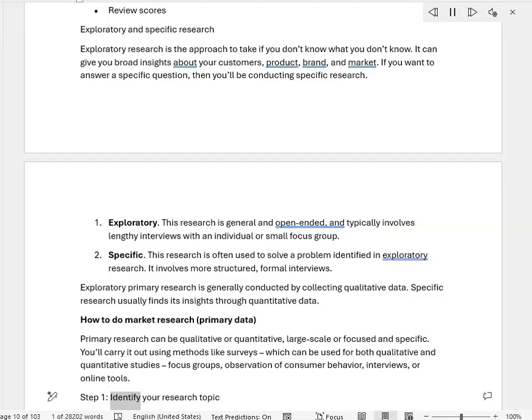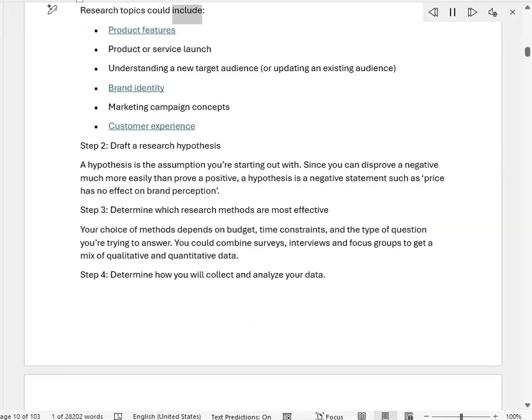Step 1. Identify your research topic. Research topics could include product features, product or service launch, understanding a new target audience, or updating an existing audience, brand identity, marketing campaign concepts, customer experience.